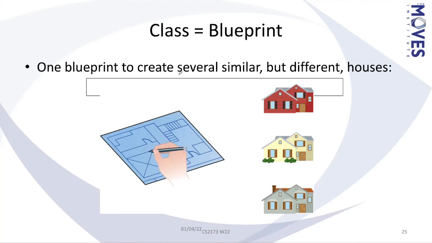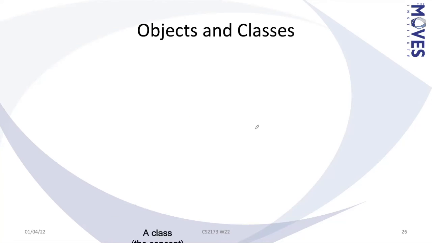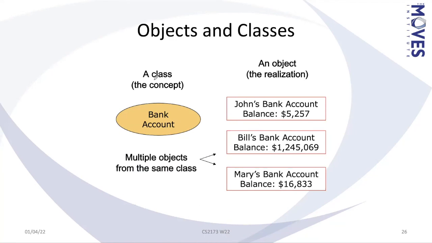So again, you can think of it as a blueprint. You have one blueprint, and you can create different types from that blueprint. If I want a different type of structure for the house, I need a different blueprint. So again, the concept is the class, and the realization is the object.